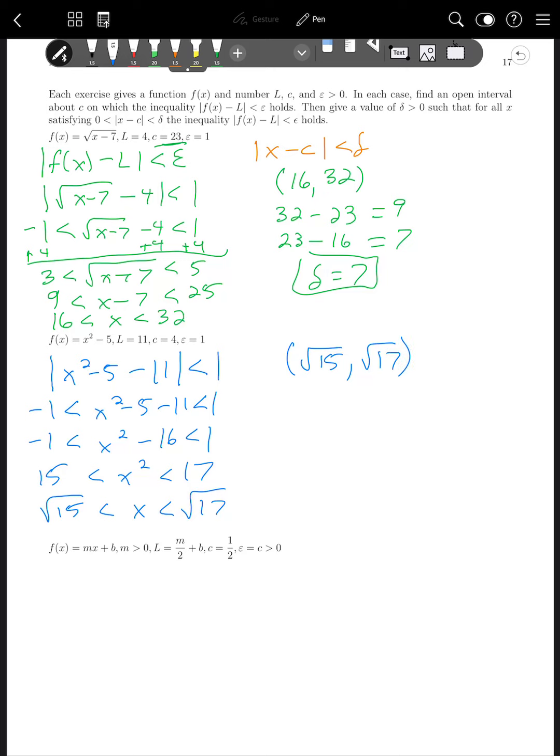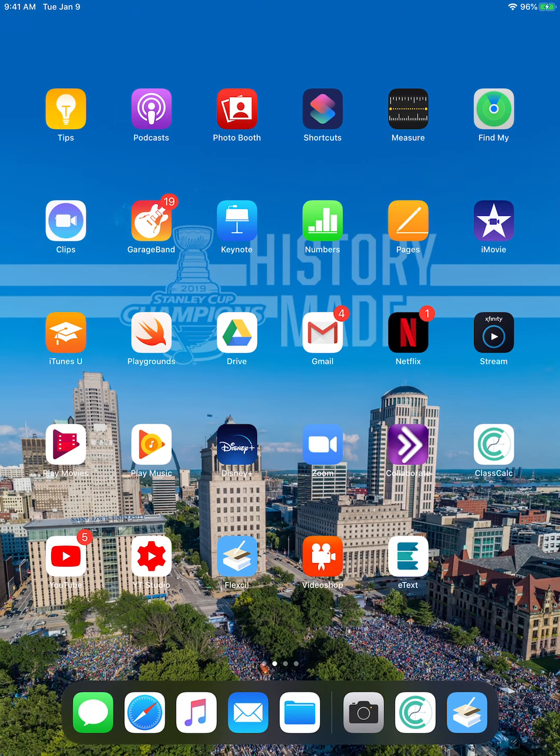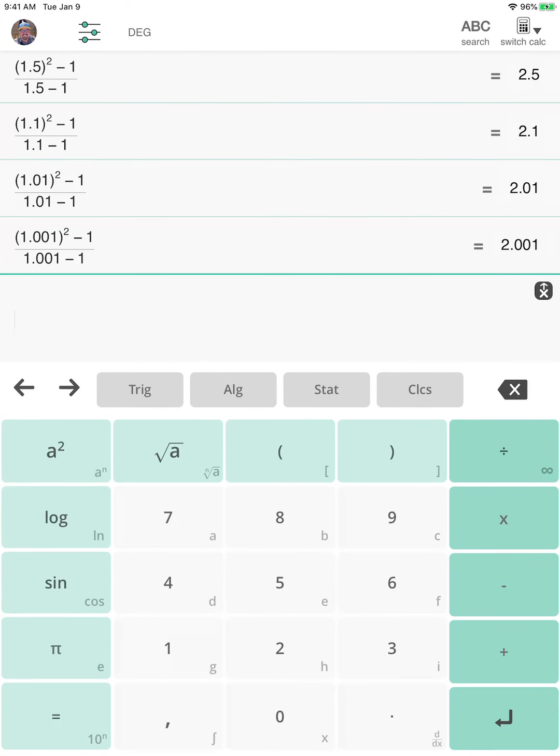And now we just need to figure out which one of those is closer to our value, and that'll give us our delta. So we'll take the square root of 17 minus 4 and 4 minus the square root of 15 and see what those values are. So we can do those in the calculator.